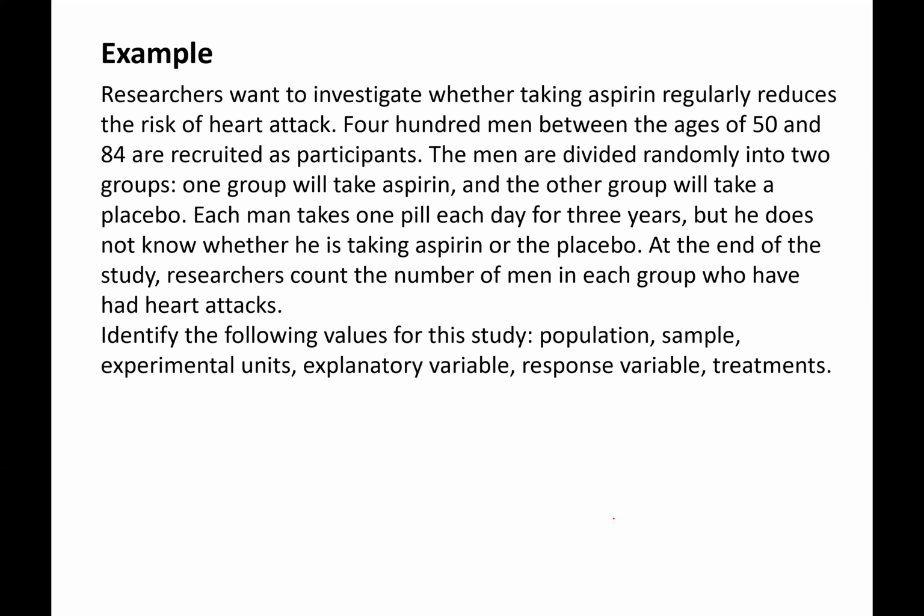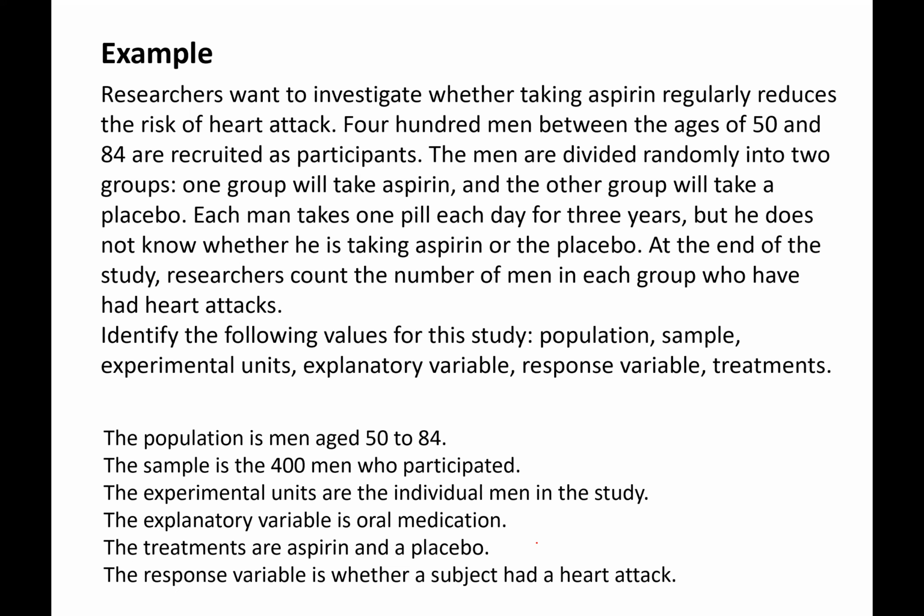Okay? What's your response variable? Whether they have a heart attack or not. Okay? What's the treatment? Well, in this case, the explanatory variable is that they're receiving a medication. The specific treatment is they're getting either what? A placebo or aspirin. Very good. Good job.